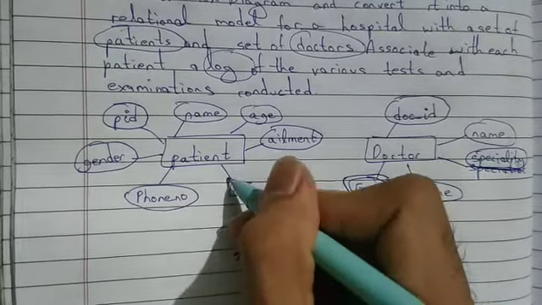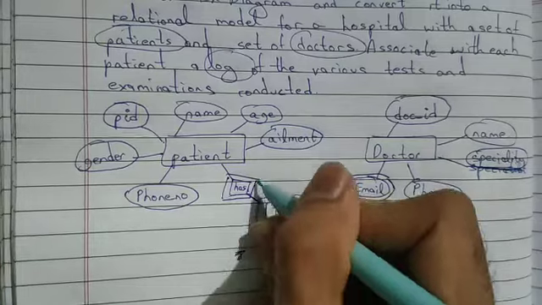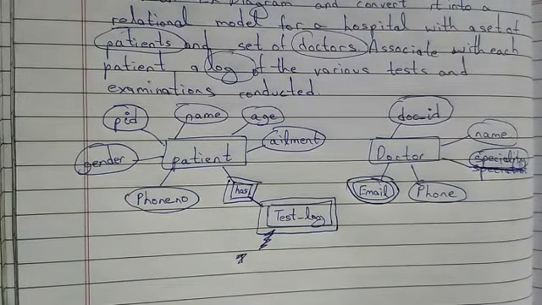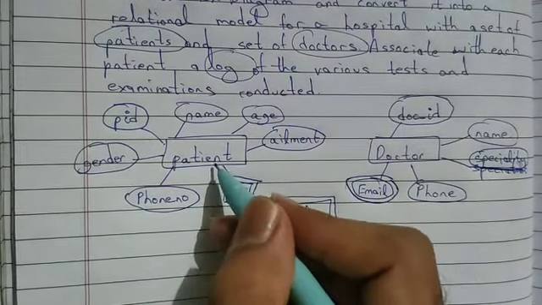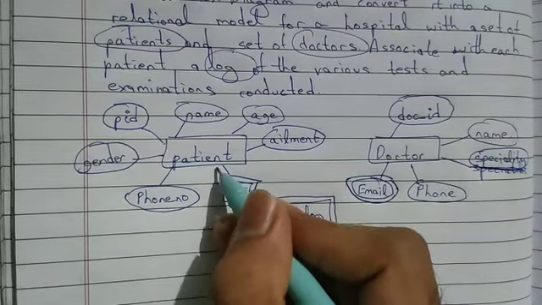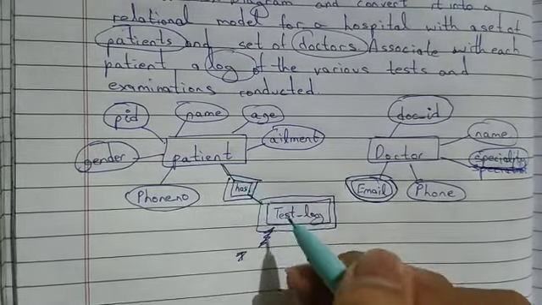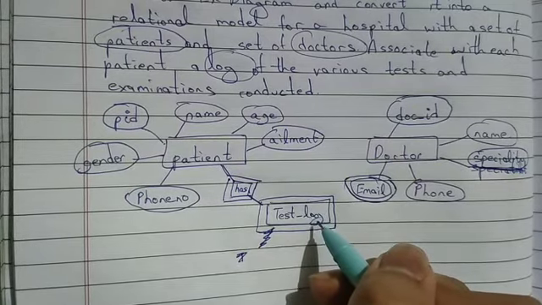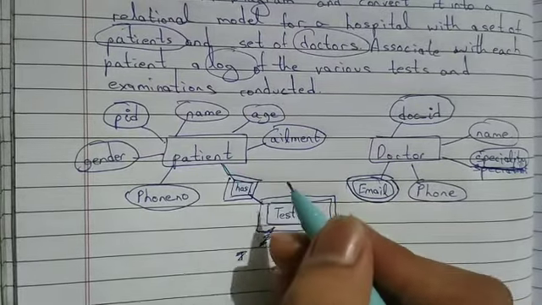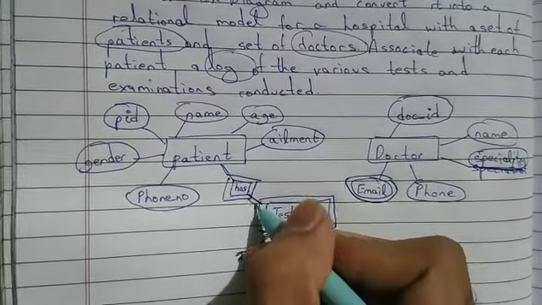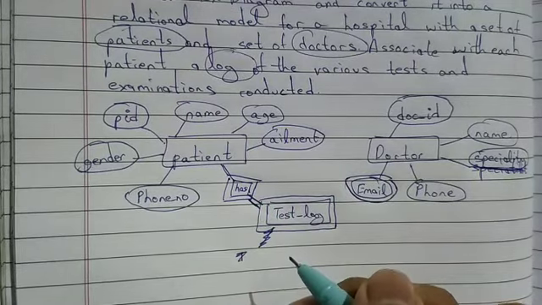Okay, and since this is a weak entity, this will be a double diamond. Now a patient can have a test log or cannot have a test log, no? So we'll have a single line here, but however if a test log is there, then it must have a patient associated with the test log itself, no? So that's why we'll have a double line here.